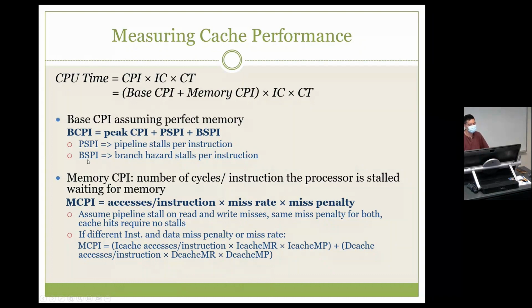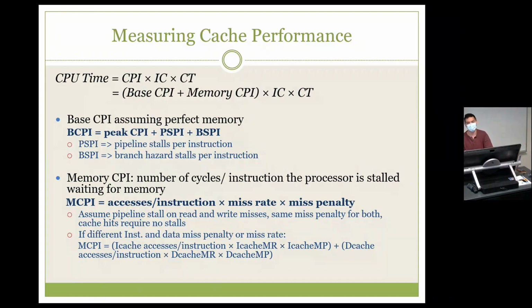And then here, the same thing for branch hazards. What portion of your instructions are branches? What is the mispredict rate? And what is the mispredict penalty? For our pipeline, our miss penalty is how many cycles? You guys know this.